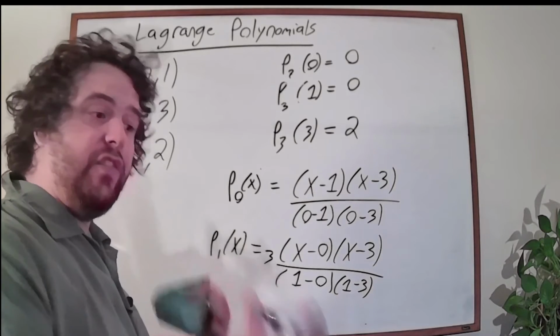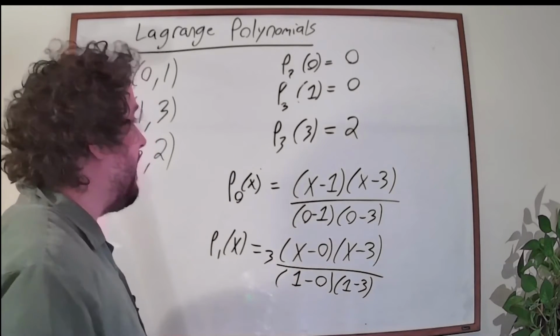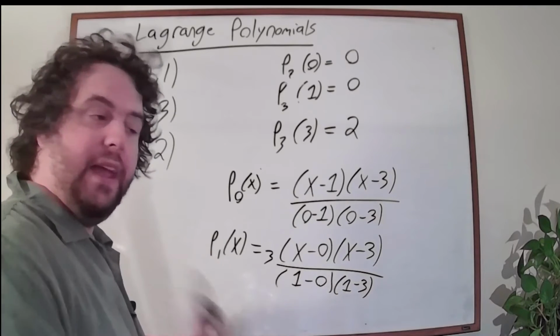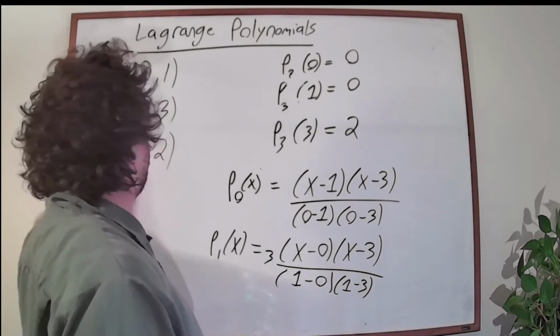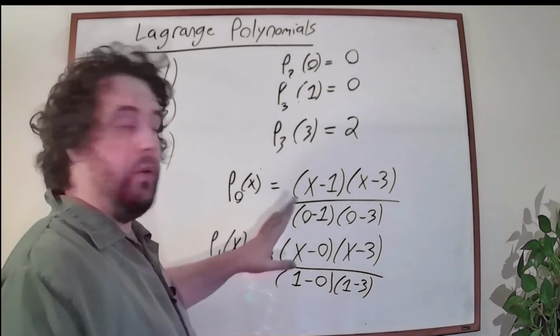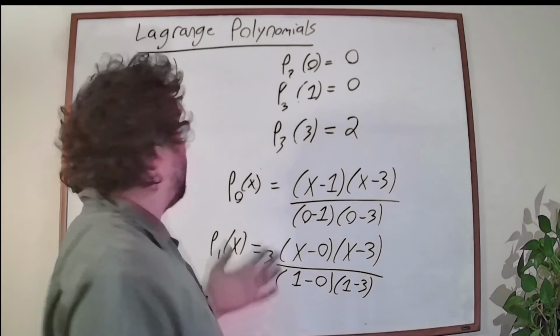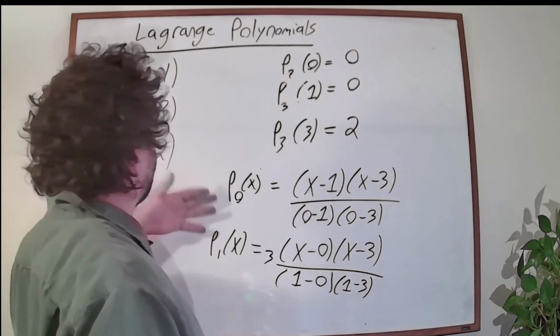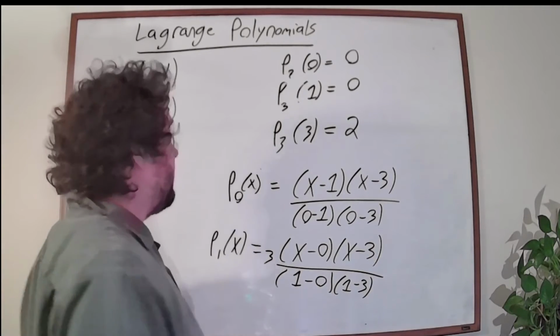And so we can actually expand these out, work out what these polynomials are, combine like terms, and that will give us a polynomial of degree 2, right? Each of these polynomials is of degree 2, and so we can combine those, combine like terms, and we can get a polynomial passing through these 3 points.